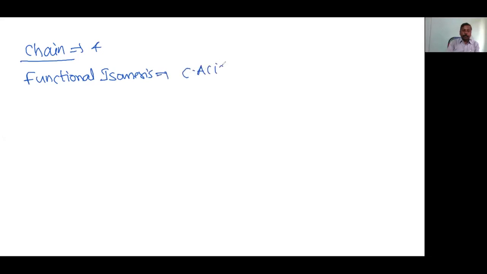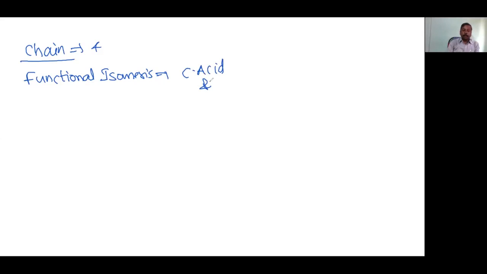Okay, after naming, isomerism. Already I told you chain isomers will start from 4 carbons. Then other than chain isomerism, carboxylic acid shows functional isomerism. Which isomerism? Functional isomerism also. Carboxylic acid, alkanoic acid, have functional isomers.